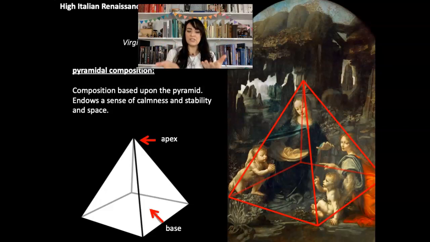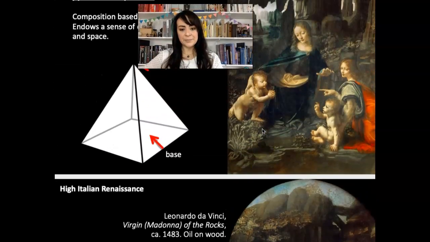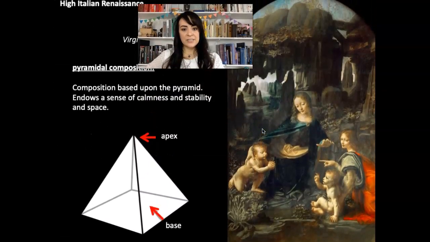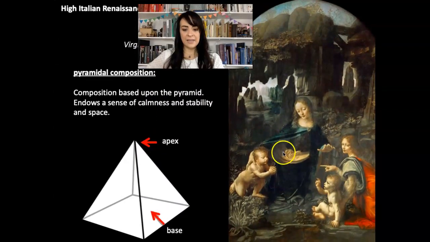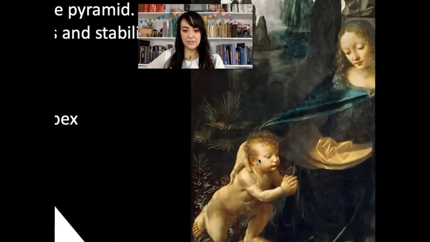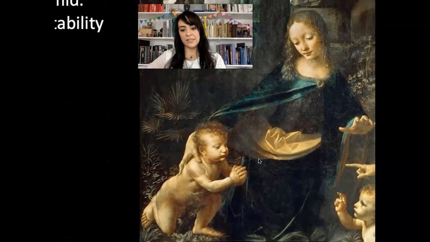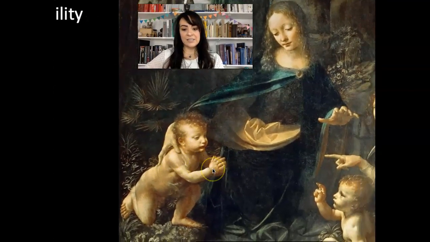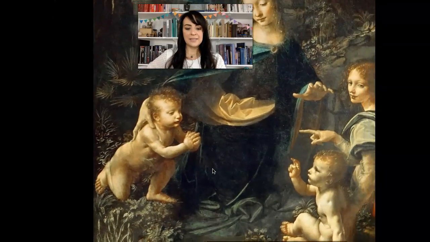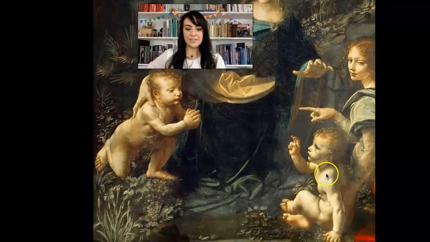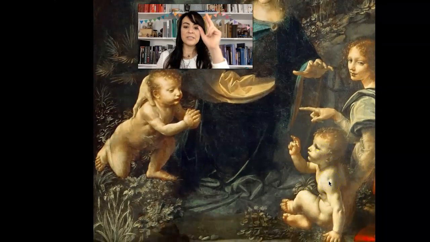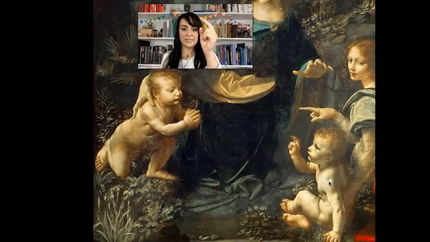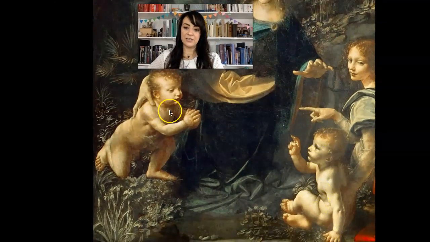appropriate to these figures? Because what we're looking at here is the Virgin Mary and she has placed a hand, a gentle hand, on the back of her young nephew John the Baptist. And here we have Jesus, who is giving this gesture of a blessing and looking at John.